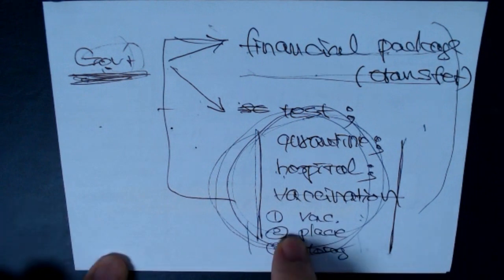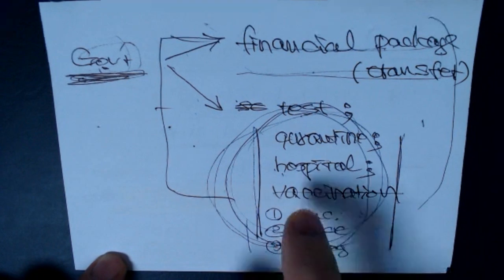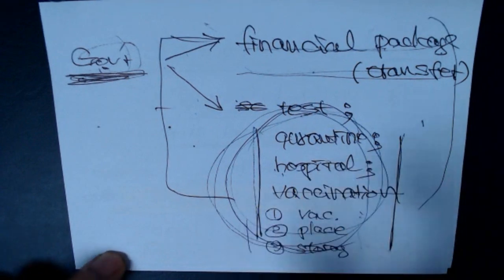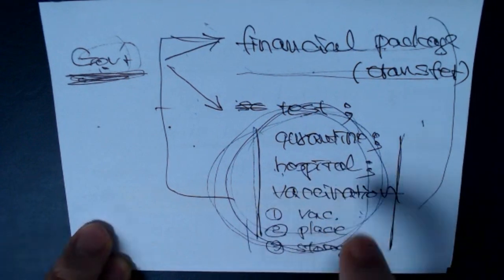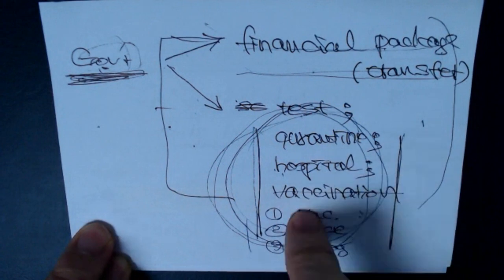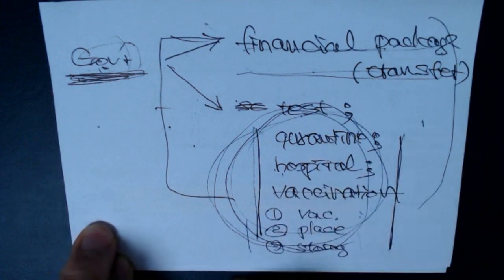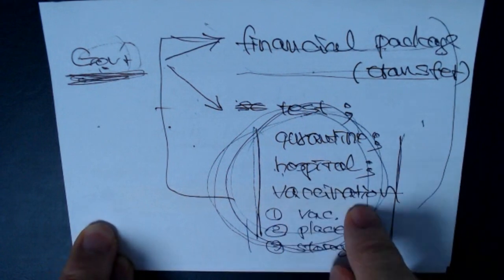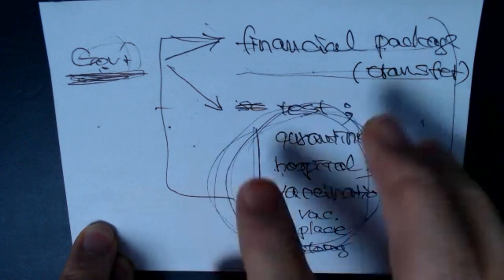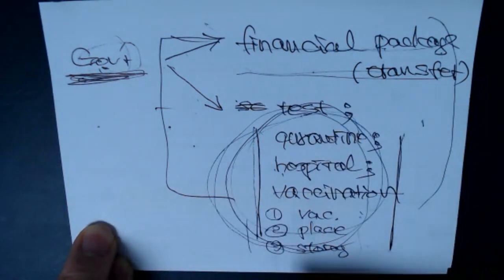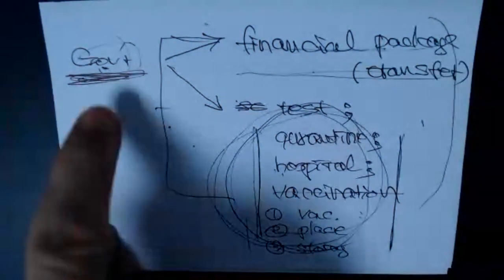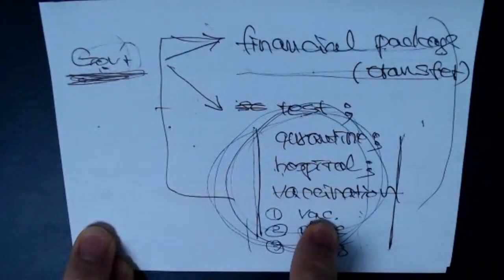But this one, purchase of goods and services, immediately creates new value. You purchase vaccine, you rent a place for vaccination, purchase desks, chairs, sanitized products, whatever. Right? So that's the difference between transfer and government spending for goods and services.